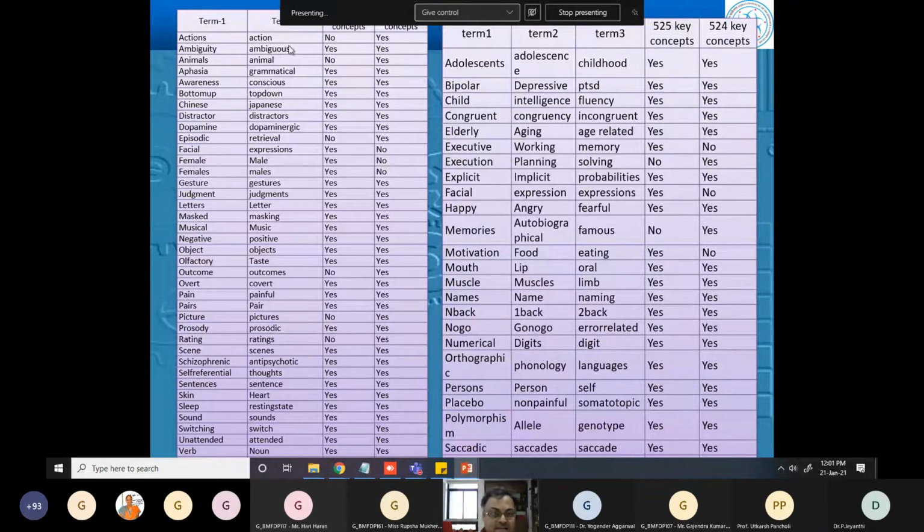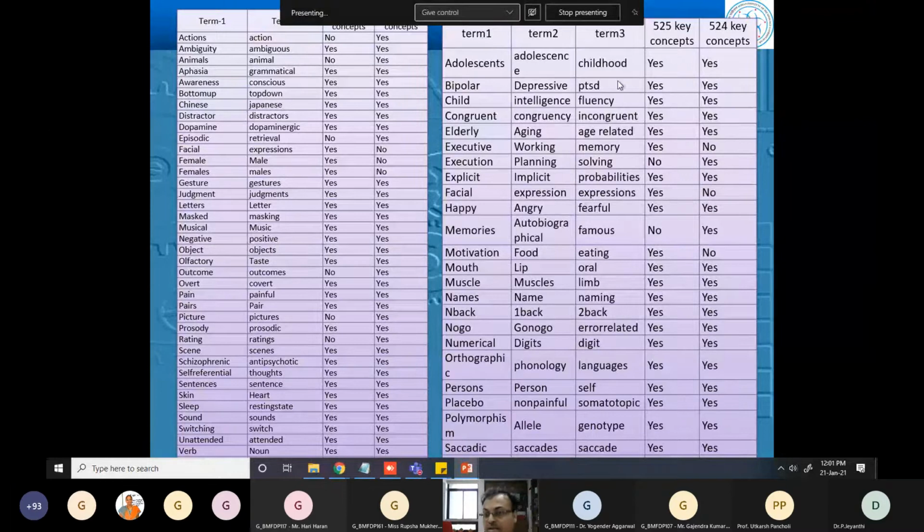So action and actions were related. Olfactory and taste were related. Skin and heart were related, because you measure skin conductance in people, and also heart rate variability. These are physiological measures. Positive and negative were related, right? People usually have research studies which look at both positive and negative.